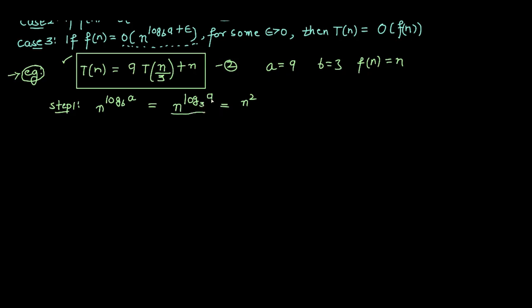So log base 3 of 9 is 2, because 3 squared is equal to 9, and you can write this as log base 3 of 9 equals 2. This is one and the same thing, so I've used this concept here. So n raised to the power log base b of a gives us n squared.